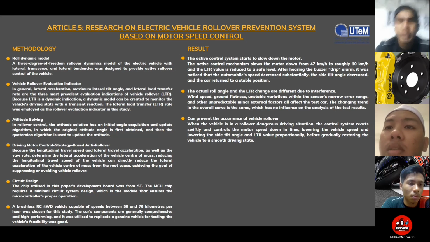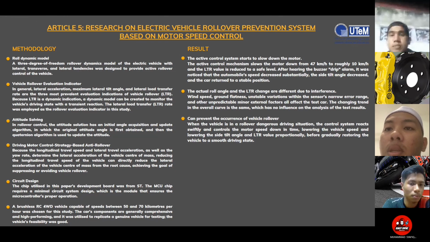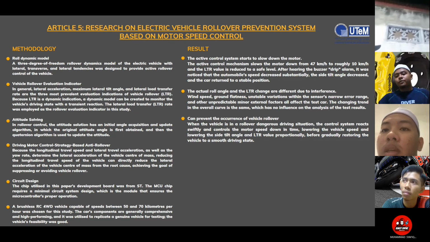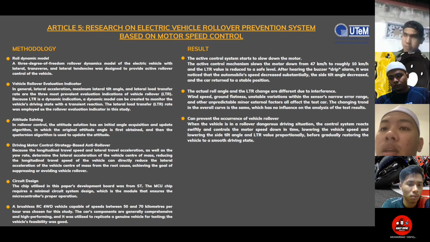The third is attitude solving. In rollover control, the attitude solution has an initial angle equation and update algorithm in which the original attitude angle is first obtained. The next is driving motor control strategy based anti-rollover. That is because the longitudinal travel speed and lateral travel acceleration as well as the yaw rate determine the lateral acceleration of the vehicle center of mass, and reducing the longitudinal travel speed of the vehicle can directly reduce the lateral acceleration.